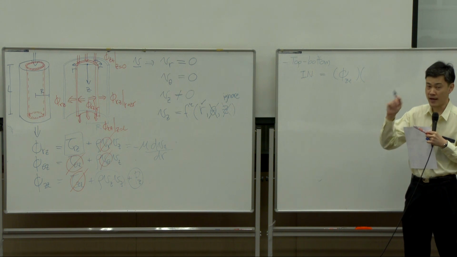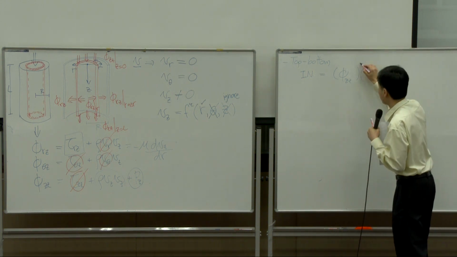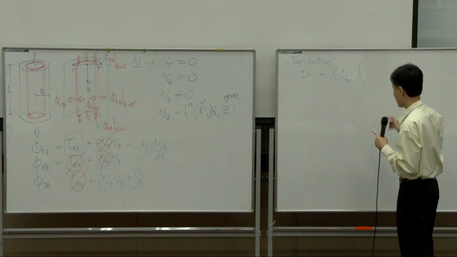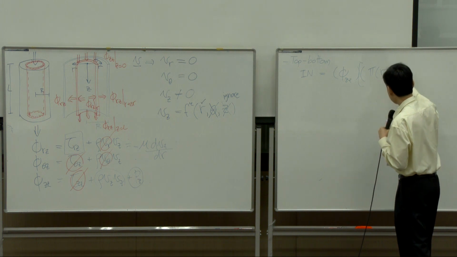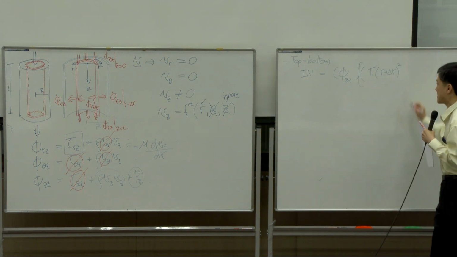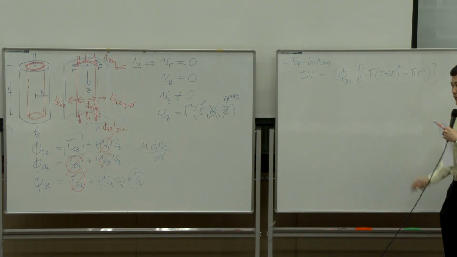You can do it two ways. First, you can say it is pi (r plus delta r) squared subtracted by pi r squared, right?